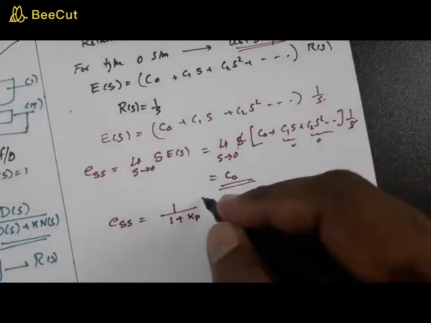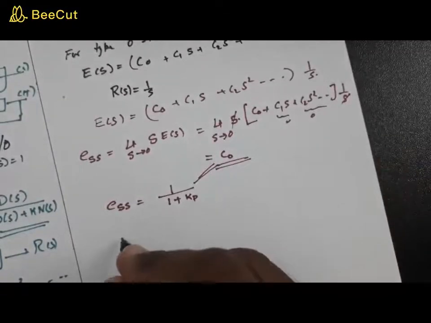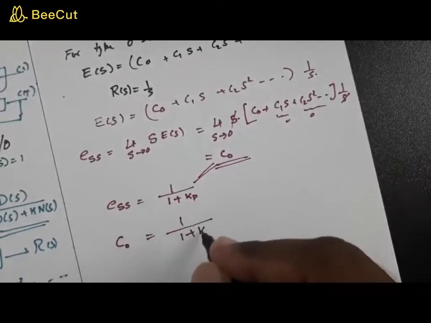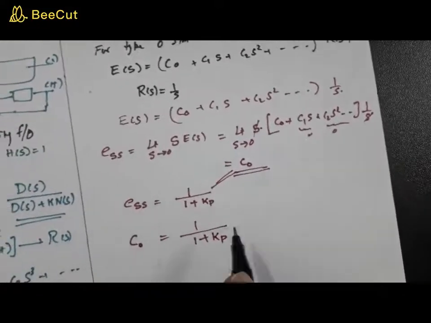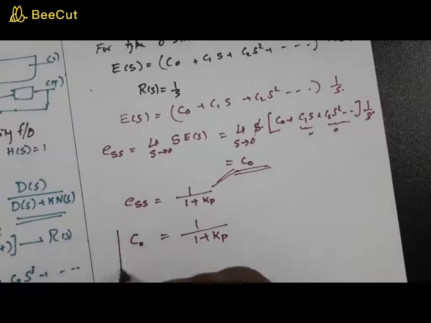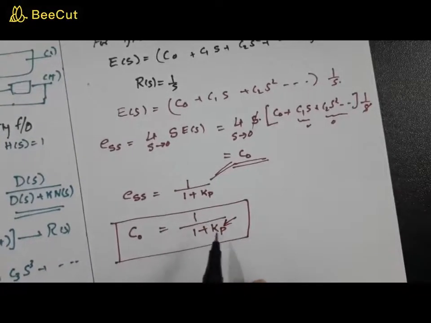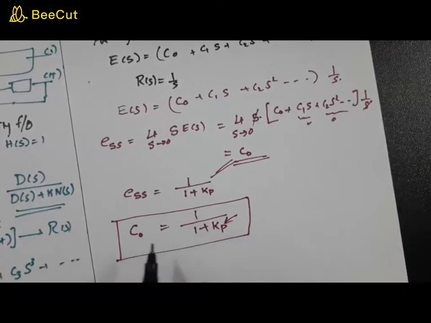So from this, you can say these are equal. So C0 is equal to 1 by 1 plus Kp. What is C0? C0 is a dynamic error coefficient, and the dynamic error coefficient is related to the static positional error coefficient in this way: C0 is 1 by 1 plus Kp.